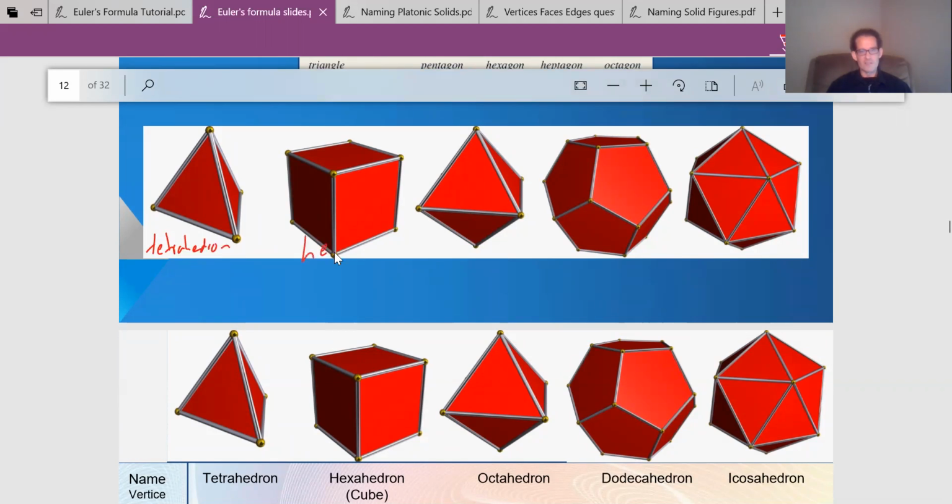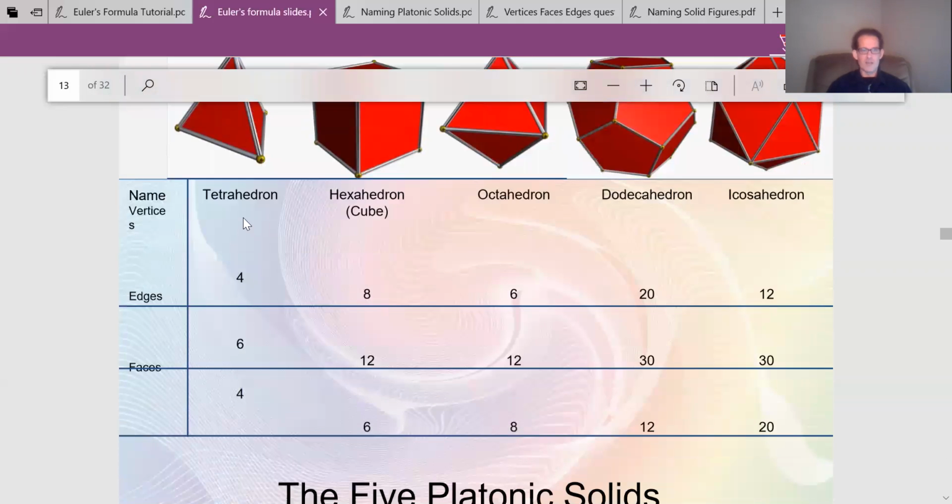Here's your hexahedron. This is your octahedron. This right here has 12 faces and is called a dodecahedron. And the one that has 20 faces, equilateral triangles, that's called an icosahedron. And I want to look at how to find this.